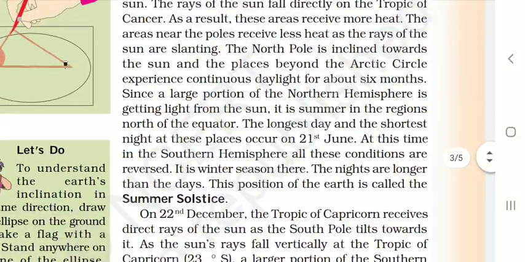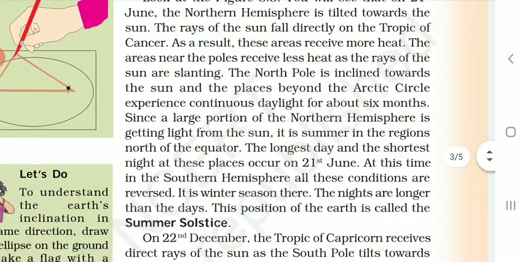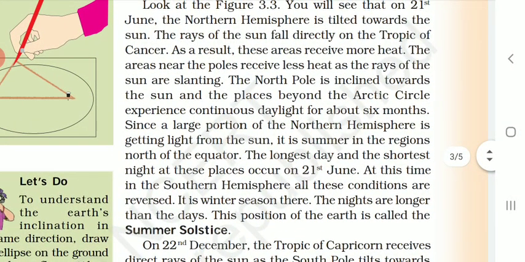So here you can see the longest day and the shortest night at these places occur on 21st June at this time. In the southern hemisphere, all the conditions are reversed. It is winter season there, and the nights are longer than days. This position of the earth is called the summer solstice.